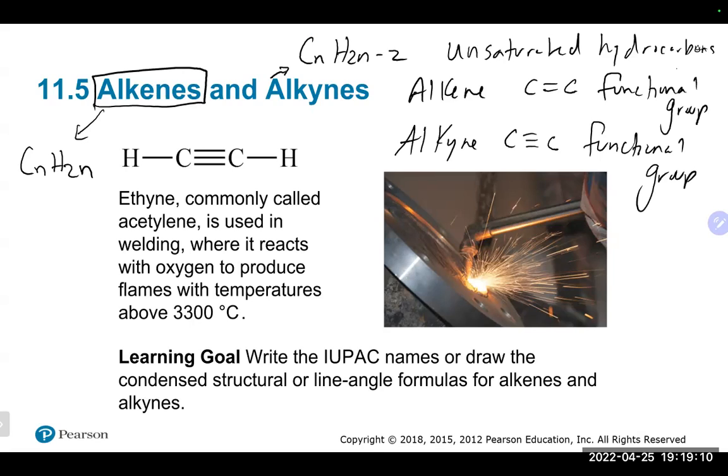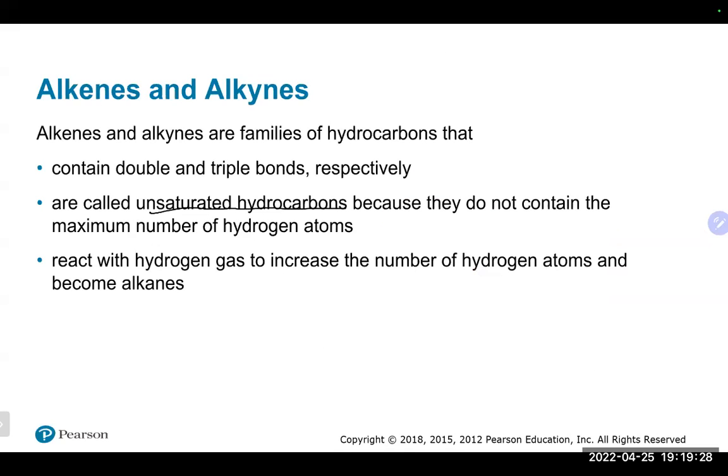Alkenes and alkynes are also named off of the first 10 alkanes, except with a little bit of difference in the ending: ENE for our double bond and YNE for our triple bond. So if we look at this guy, which is our alkane with 2 carbons, that is ethane, ANE.